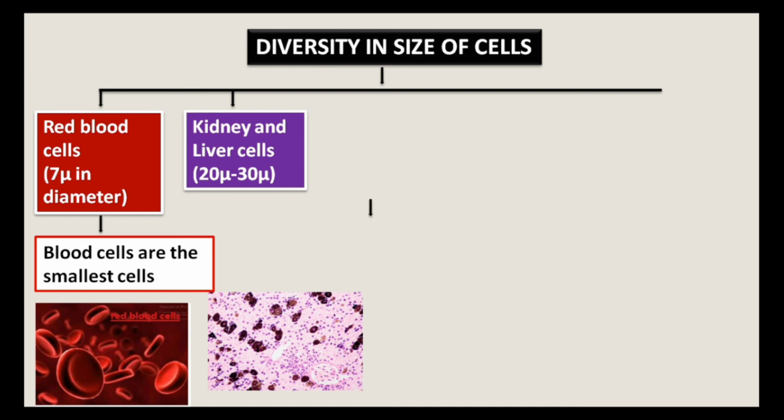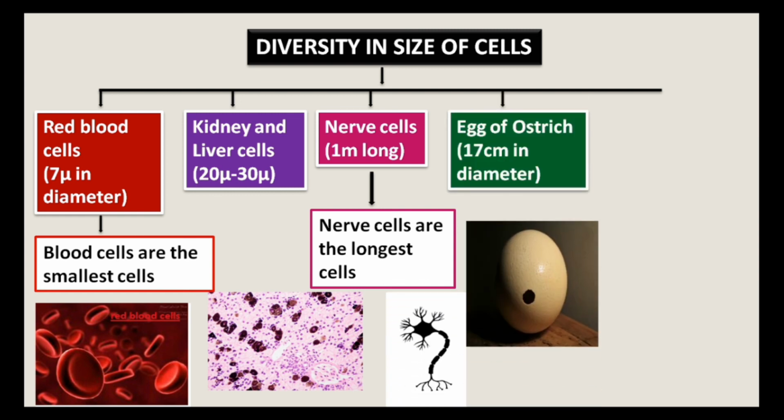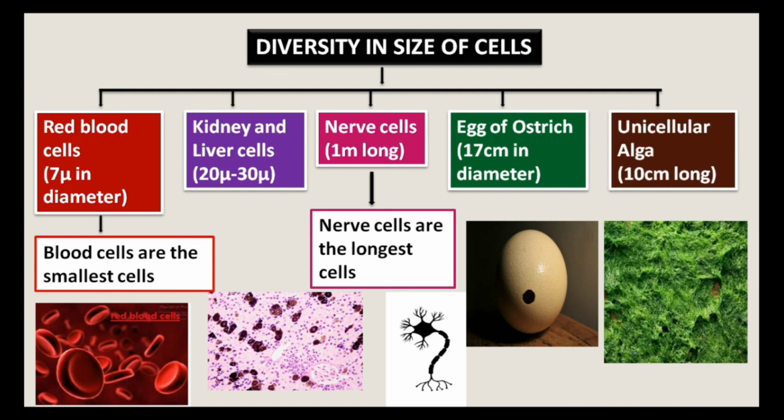Nerve cells are of 1 meter long. Means nerve cells are the longest cells. Egg of ostrich measures 17 centimeter in diameter. Unicellular alga measures 10 centimeter long.